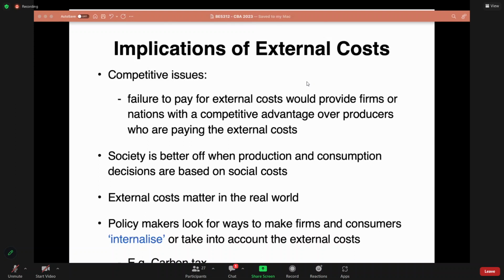So there can be competitive issues. Say some company in Europe might have very strict environmental standards. Say the company over there producing the same t-shirt that I am producing might be expected, or kind of forced, to take into consideration some of the external costs that they are making.